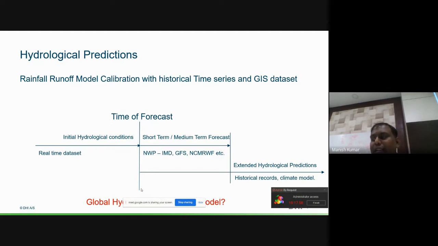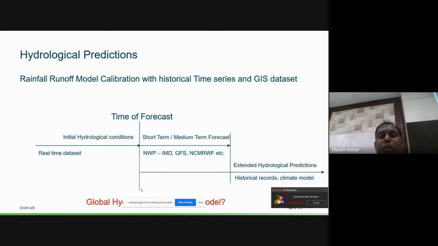This groundwater can again move as base flow to the river system, or it can go into deep percolation. So at every stage, the model calculates how much moisture is left in various zones.